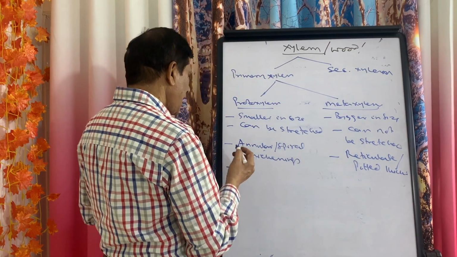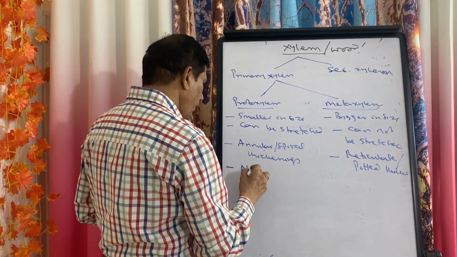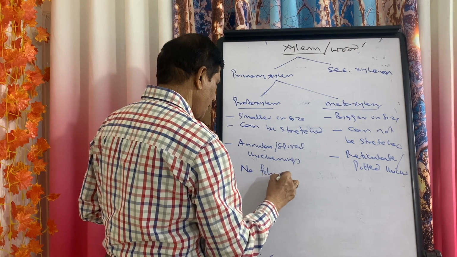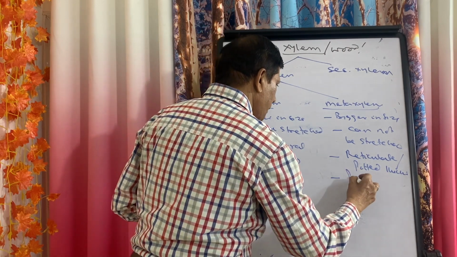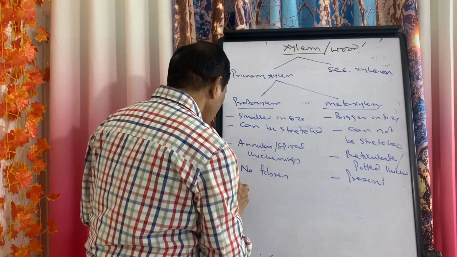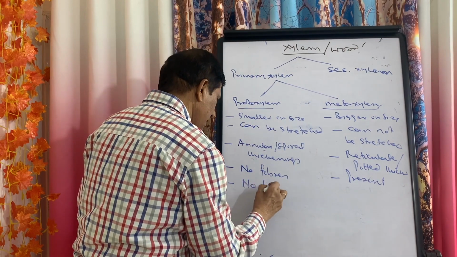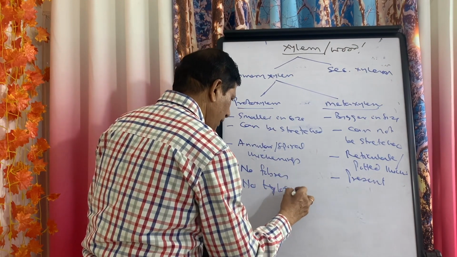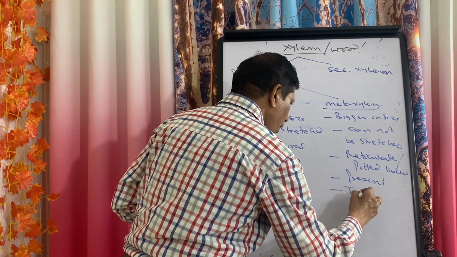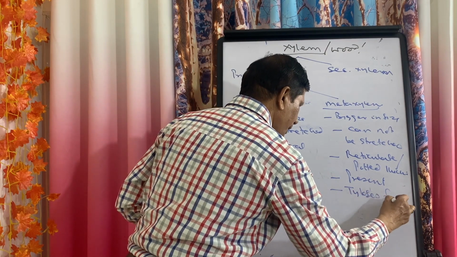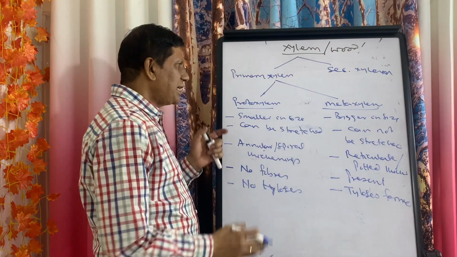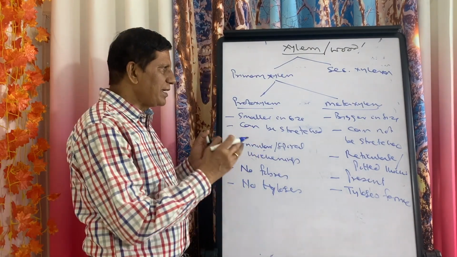The protoxylem has no fibers; in metaxylem, fibers are present. In protoxylem, no tyloses; in metaxylem, tyloses are formed. So these are the differences between protoxylem and metaxylem.